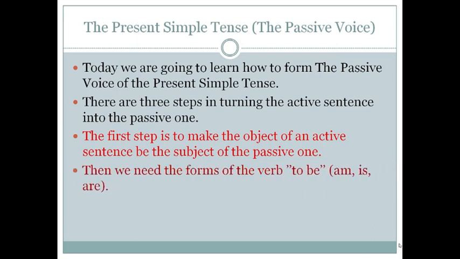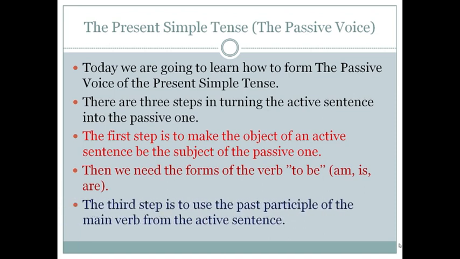Then we need to form the forms of the verb to be: am, is, or are. The third step is to use the past participle of the main verb from the active sentence.